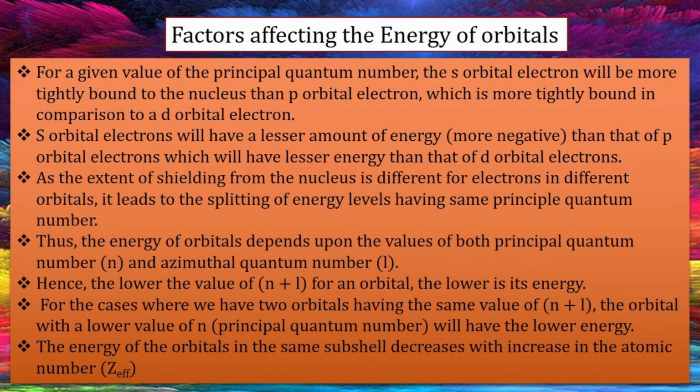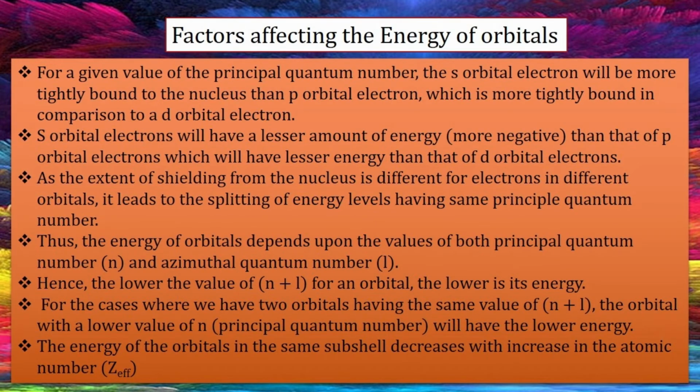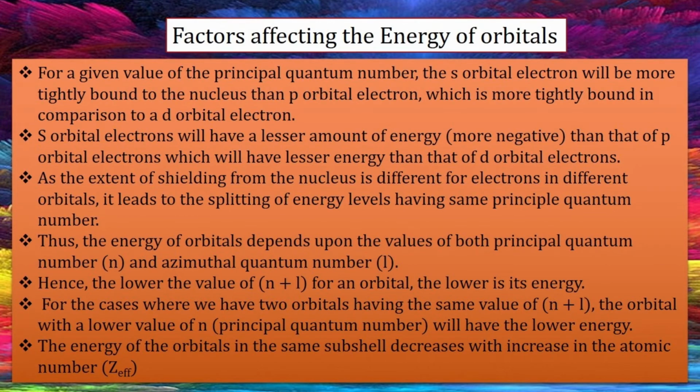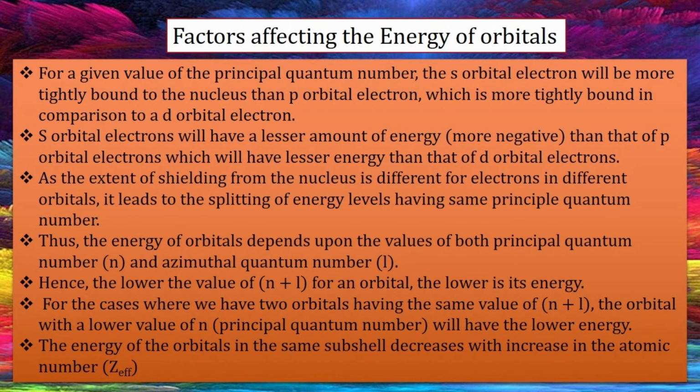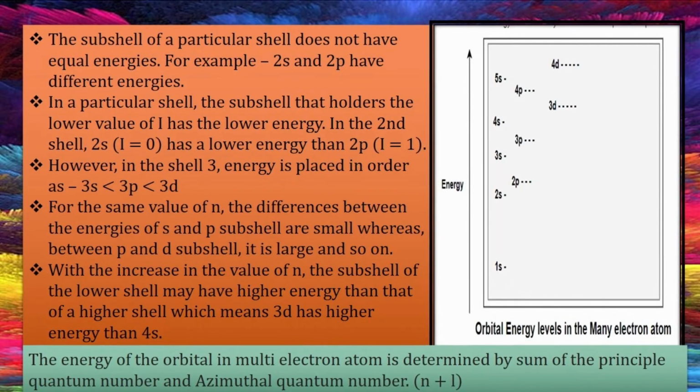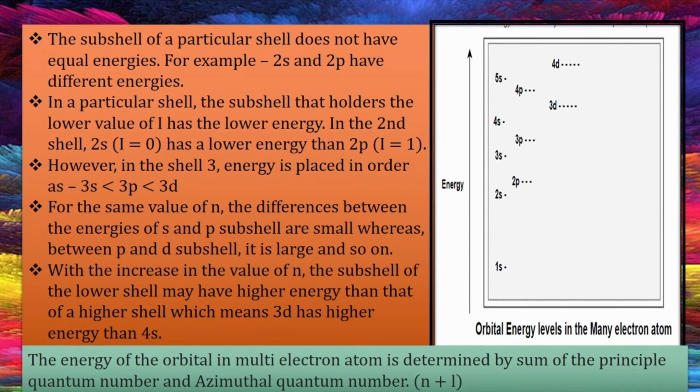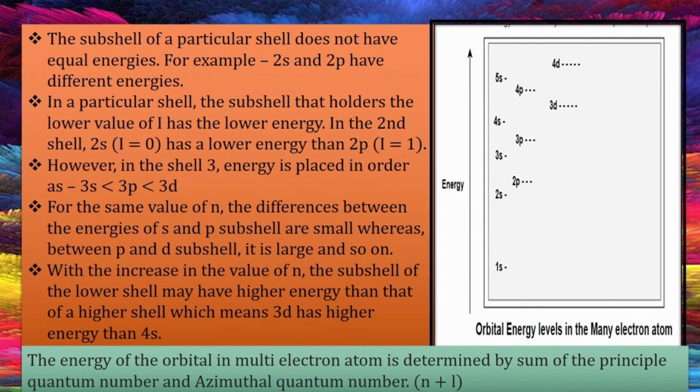Hence, the lower the value of n plus l for an orbital, the lower will be its energy. With increase in the atomic number, orbital energy decreases in the same subshell. Now let us discuss important observations derived from the energy level diagrams.